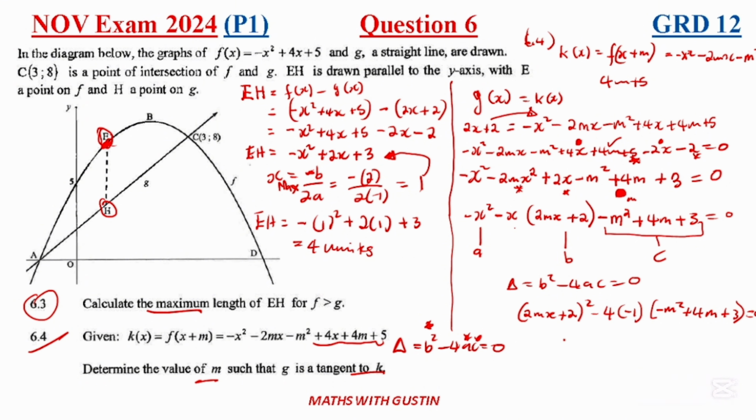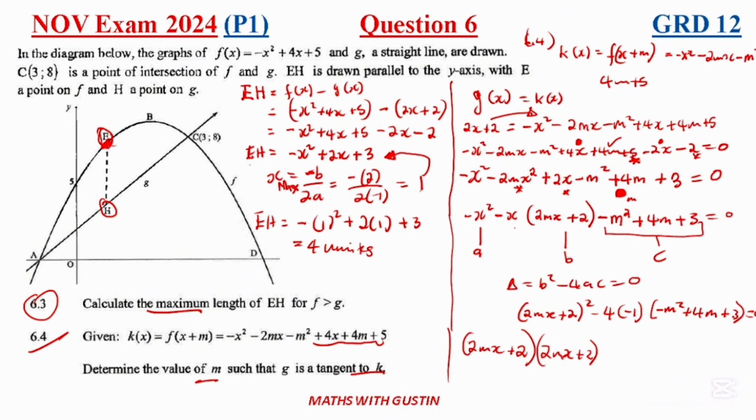Once you simplify this whole thing, guys, you need to expand this and then simplify this part here. So here you're going to expand 2mx plus 2 close bracket and 2mx plus 2 close bracket.